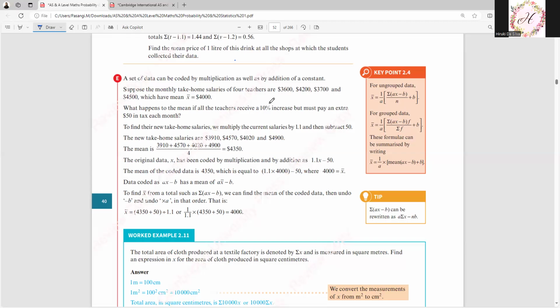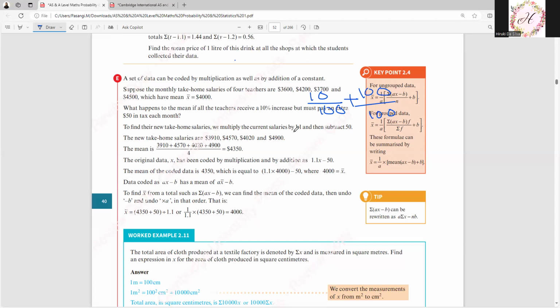So to find their new take-home salaries, what do we have to do? We multiply the current salary by 1.1. 1.1 means first we calculate the 10% and add it to the previous value itself.